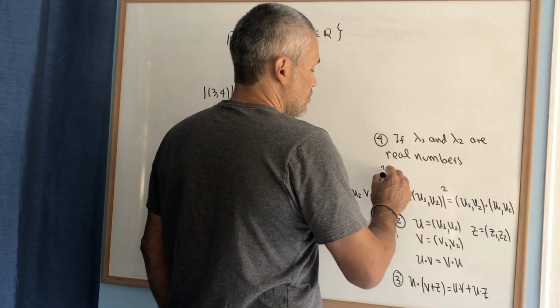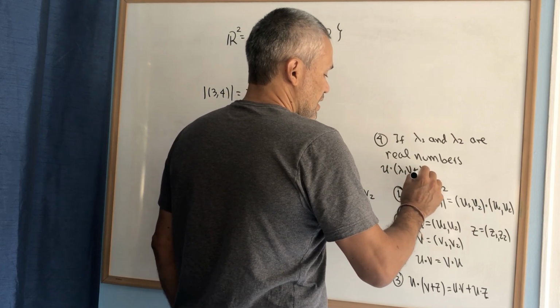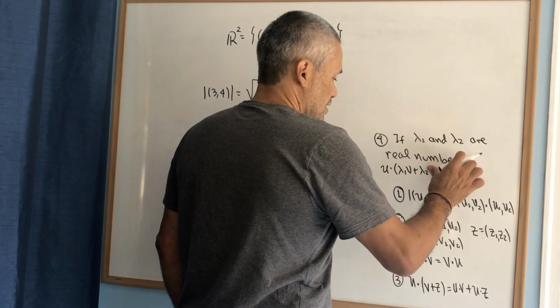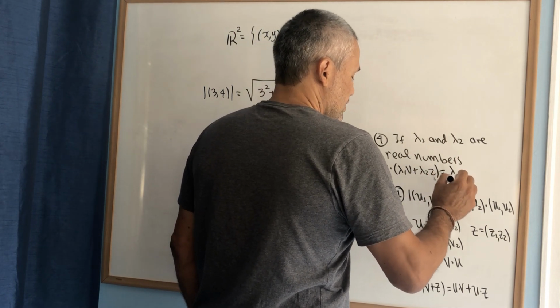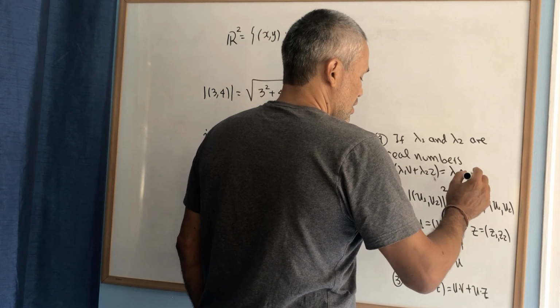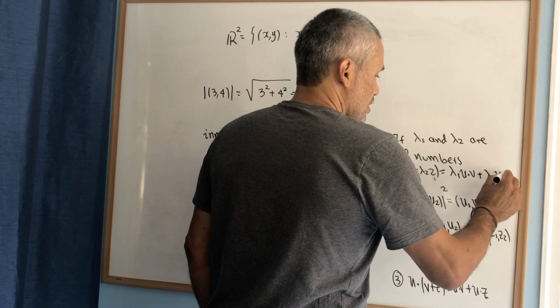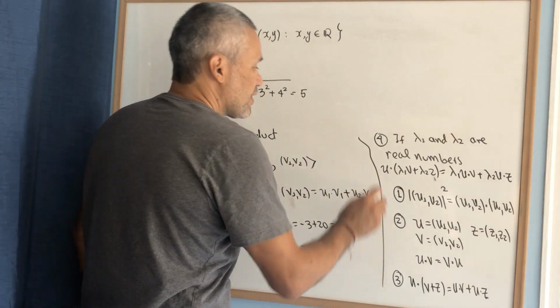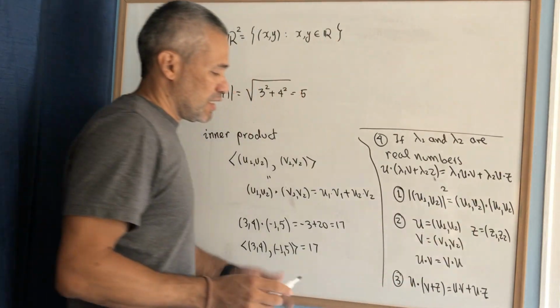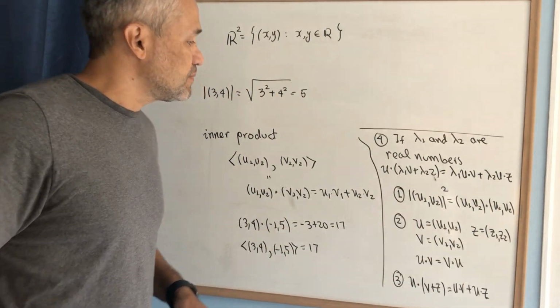We have that u dot product with lambda 1 v plus lambda 2 z is equal to lambda 1 times u dot v plus lambda 2 times u dot z. These properties are very easy to check and they turn out to be very important.